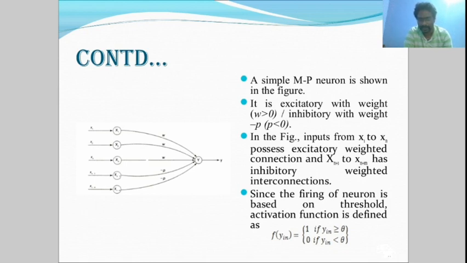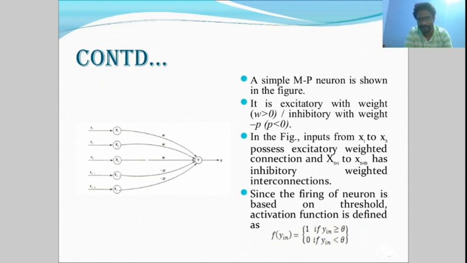Here, for the excitatory weight, w is greater than 0, and for inhibitory the weight should be a negative value, so p should be less than 0. The inputs from x1 to xn possess excitatory weighted connections, and those from xn+1 to xn+m have inhibitory weighted interconnections. Hence the firing of the neuron is mainly based on the threshold activation function.